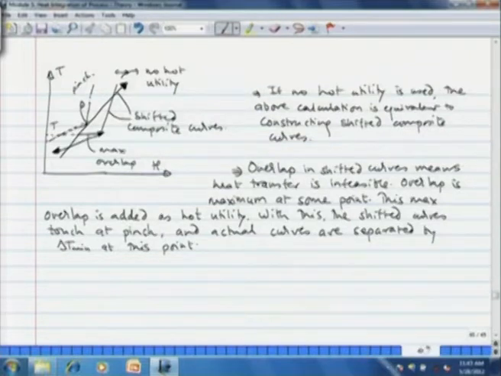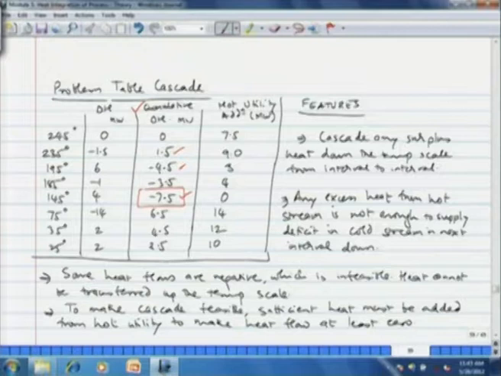So essentially what we have done is that we have identified the maximum overlap between the shifted temperature composite curves, and that is 7.5 megawatt. Now this much heat needs to be added from hot utility, and then it will satisfy the entire process. So now we add 7.5 megawatt of hot utility from, let us say, some source, steam.